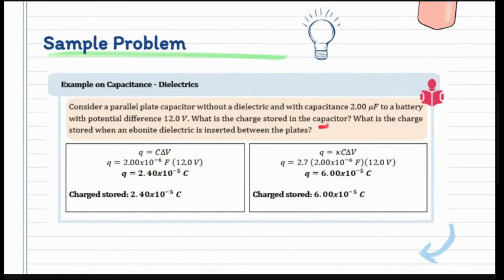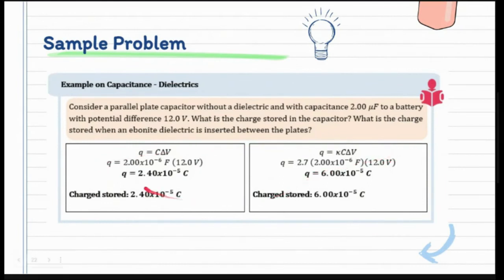And if I insert an ebonite dielectric, what is the charge stored? So I have here two working solutions, and now let's compare which is greater.